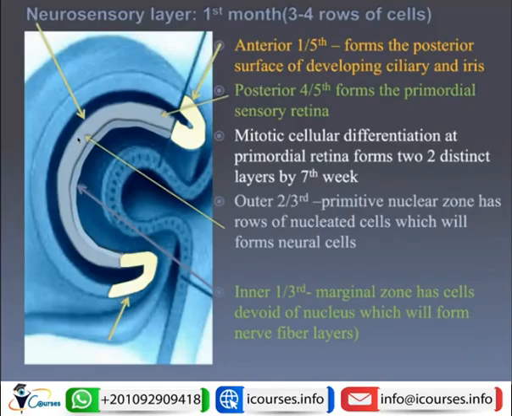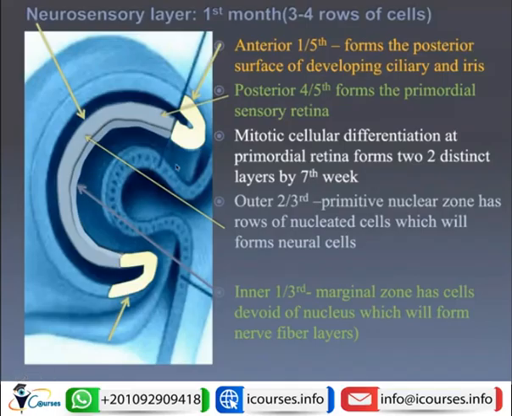So here is a favorite exam question: where does the primitive nuclear zone develop from? Is it from the inner layer of the inner optic disc, or from the inner zone of the inner layer of the optic cup, or from the outer zone of the inner layer of the optic cup?